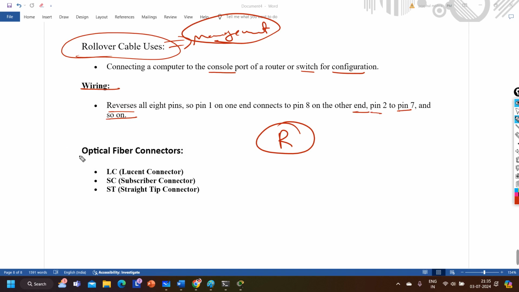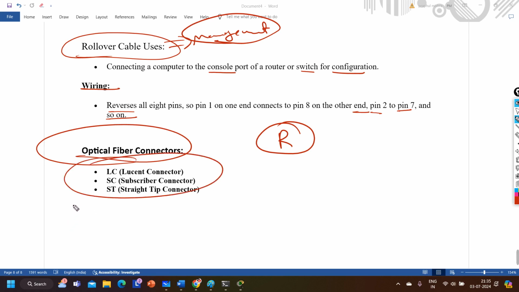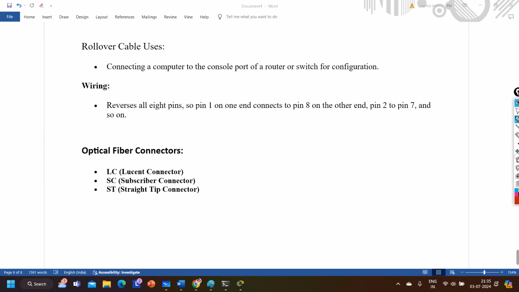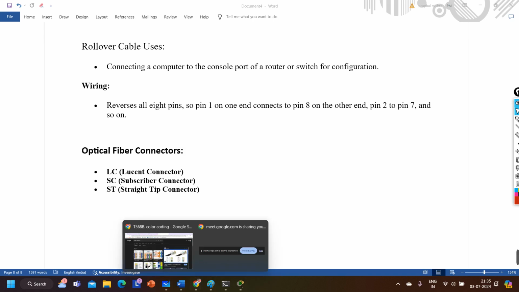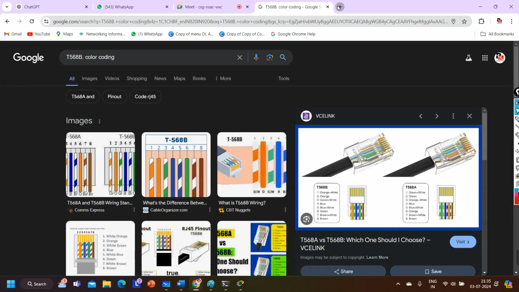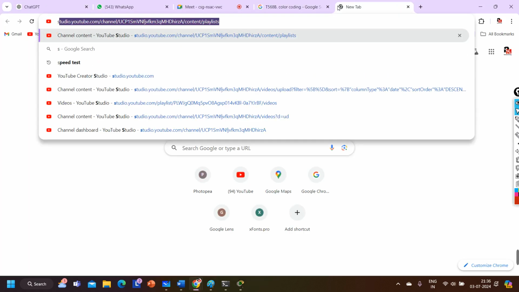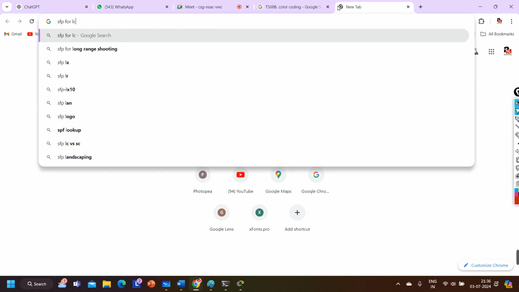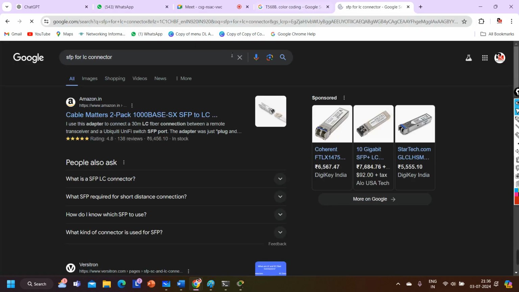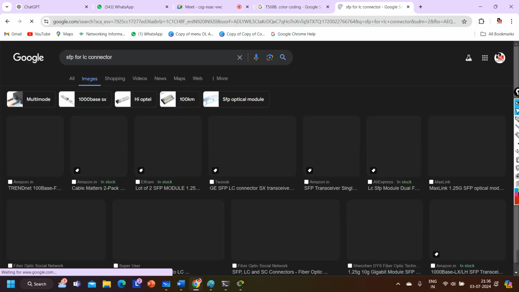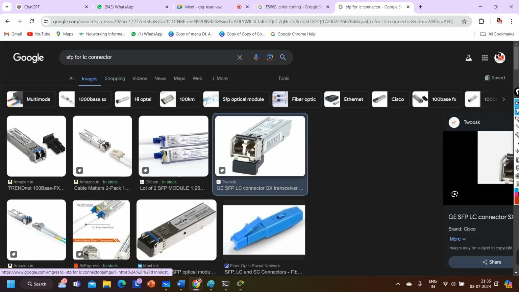Okay. Then guys, see the connector. To connect optical fiber on a link, you need these types of connector. LC connector, SC connector, ST connector. This is what?